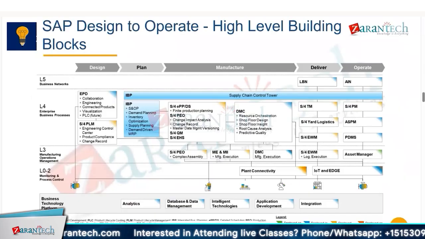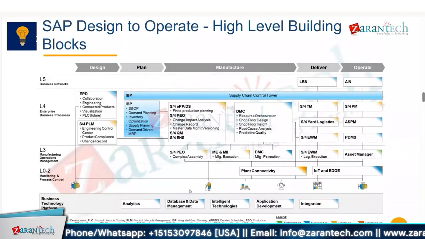Just to give you a few examples, in the design phase, you have EPD. EPD stands for Enterprise Product Development. These are all terminologies related to SAP IBP functionality, and at the bottom you see the abbreviations for all these terminologies or tools. So EPD is basically used for the designing of the product.